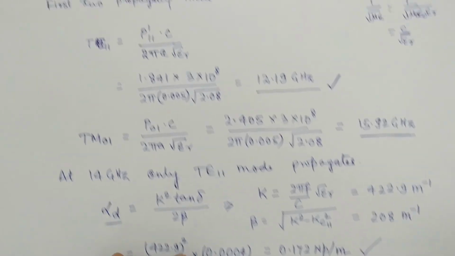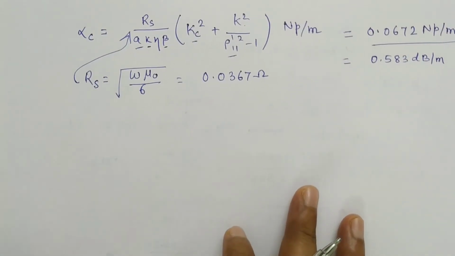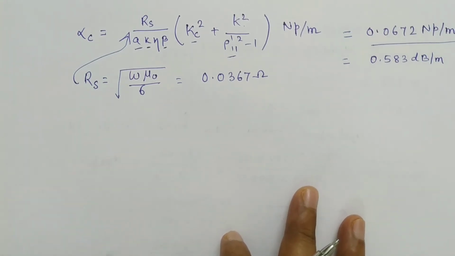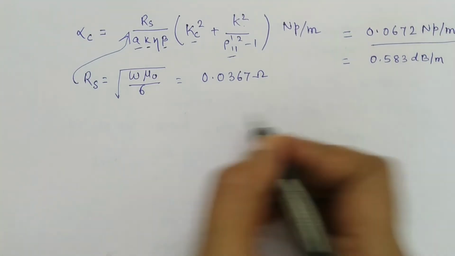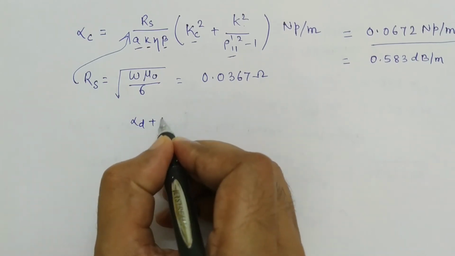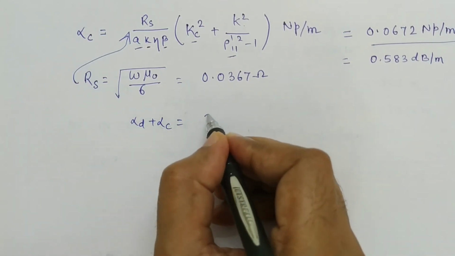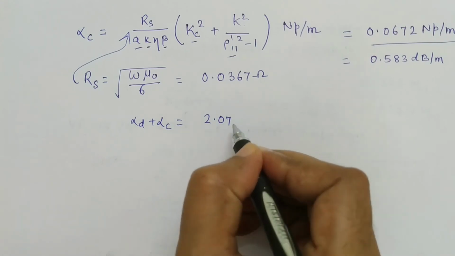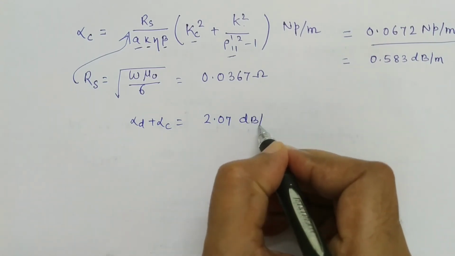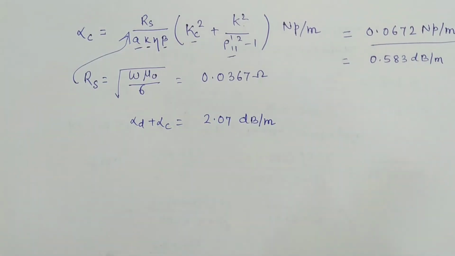We can combine them together to get the total loss per meter, which will be alpha D plus alpha C, equal to 2.07 dB per meter.